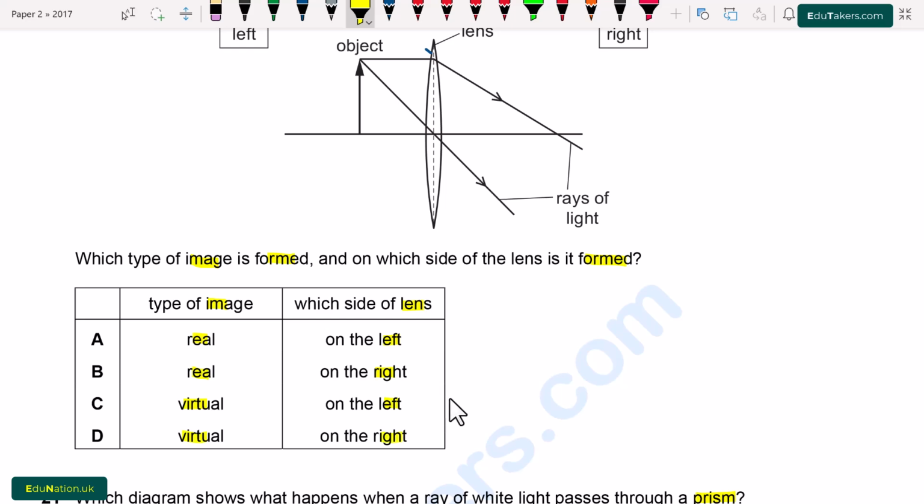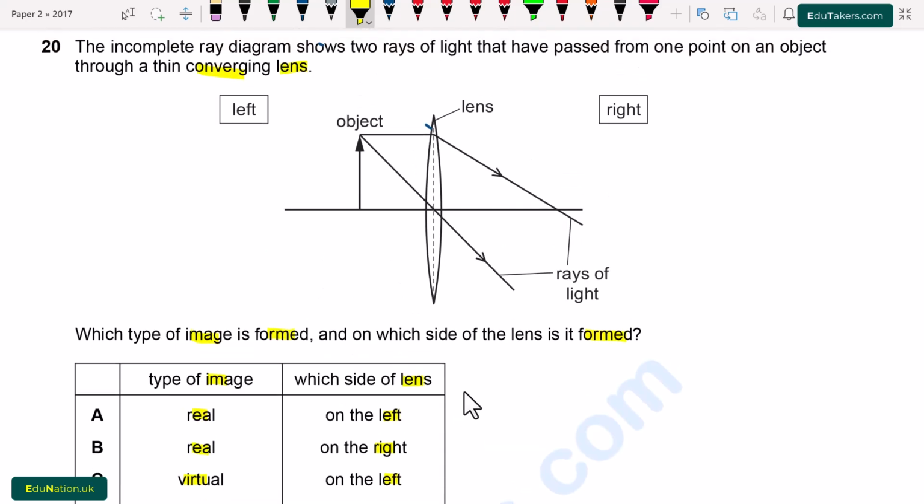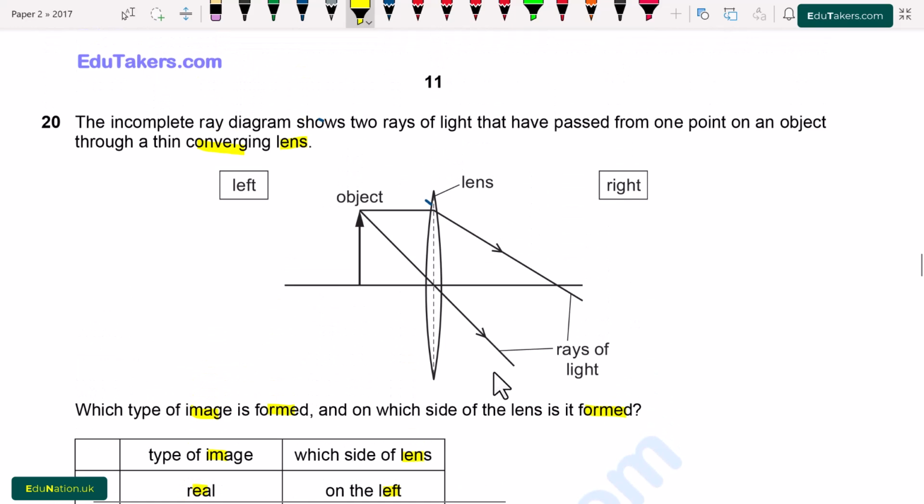In order to form the image by this converging lens, we have to extend the rays in the backward direction, because on the right hand side we can see that both rays do not meet at a point. It means that the image will be formed on the left side, and which kind of image it is. Now we extend these rays in the backward direction so that they form an image at a single point.